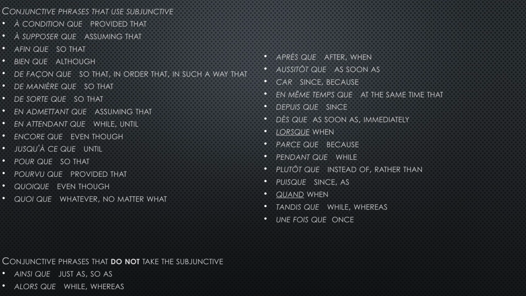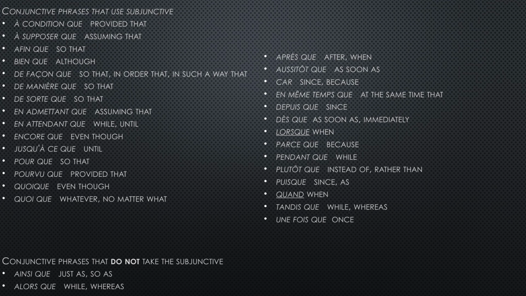The conjunctive phrases that use subjunctive are here. Again, note the que. À condition que, à supposer que, afin que, bien que. And then the ones at the bottom there and on the right do not take the subjunctive.